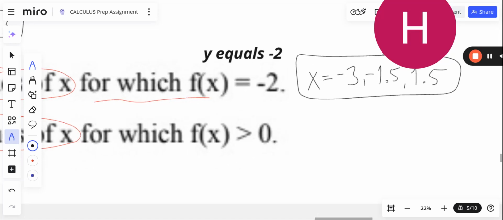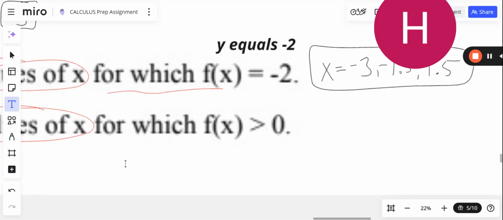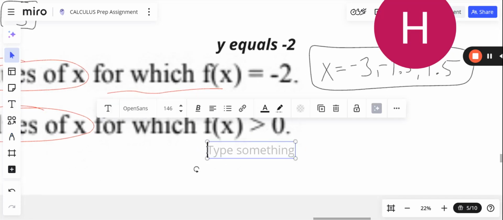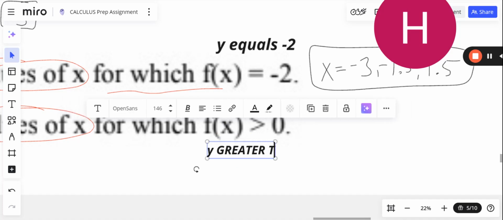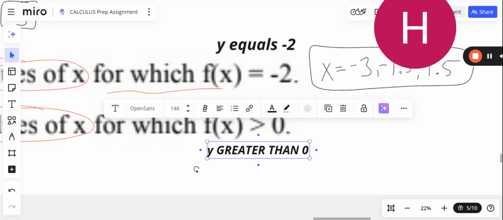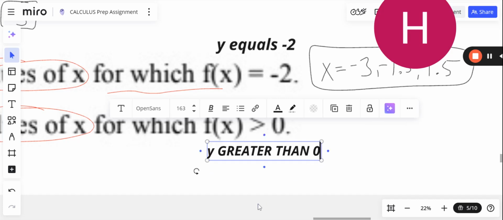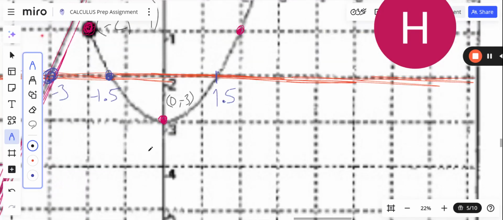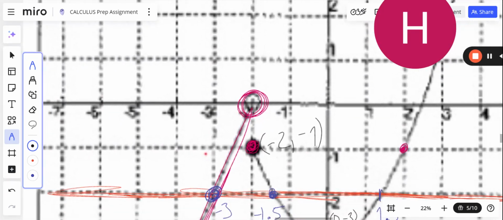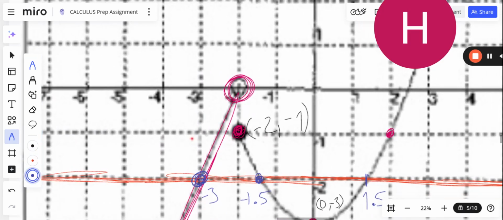And now here's a question where they're asking for when is y greater than 0. In other words, it's like above the x-axis. We're looking for x values where the graph is above the x-axis. So it looks like it hits the x-axis here. It doesn't even really hit it because it has an open circle. It was going to hit it.